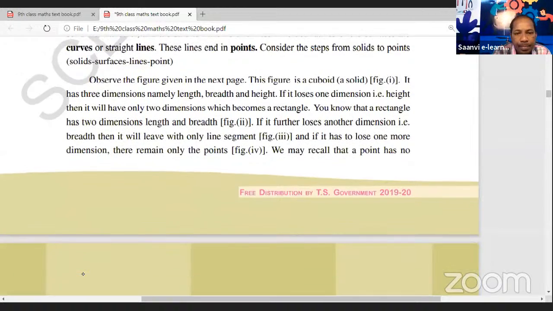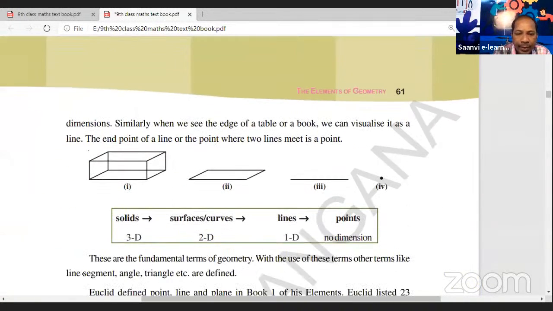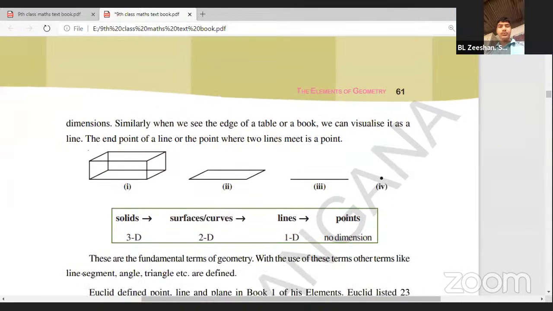According to Euclid, he has given some axioms and postulates. See here, observe this figure. It is a cuboid.